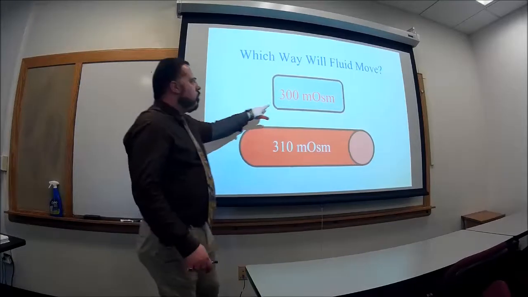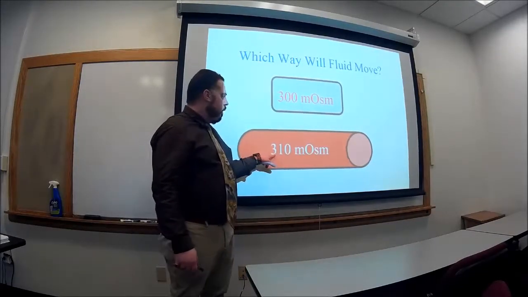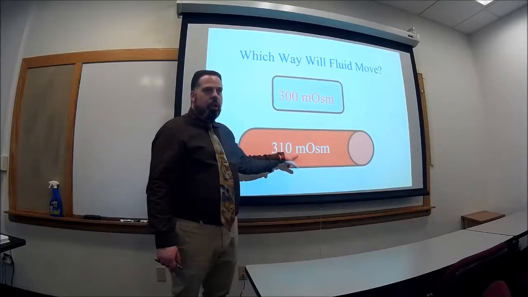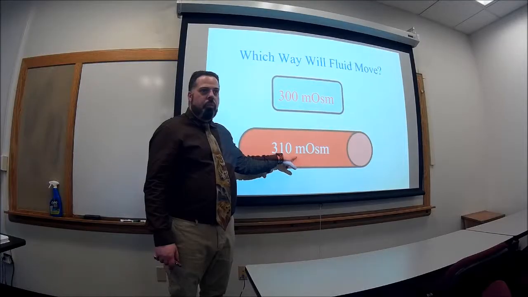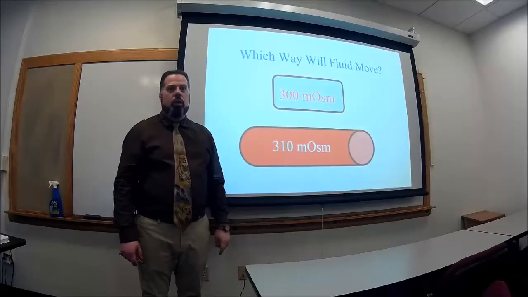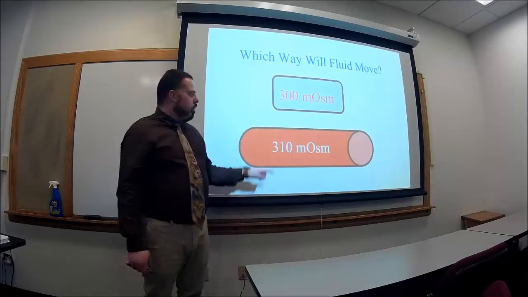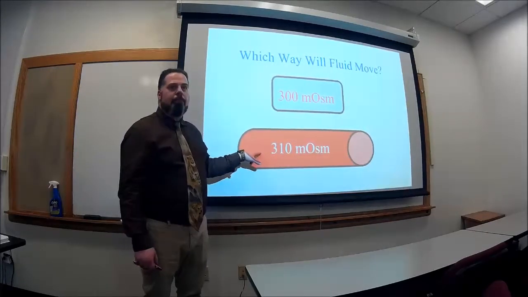If the cell has 300 milliosmolarity, but in your blood it's 310 milliosmolarity, is it more concentrated in your bloodstream or inside the cells? Bloodstream. Is this hypertonic compared to this, or is this hypotonic?